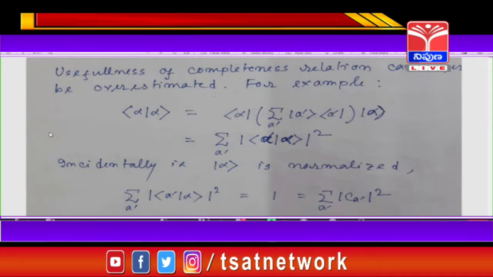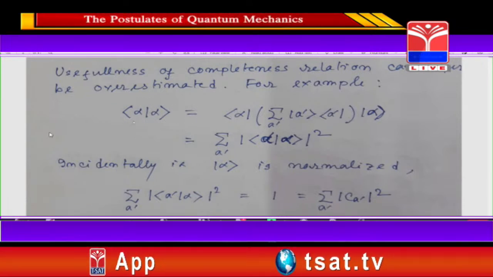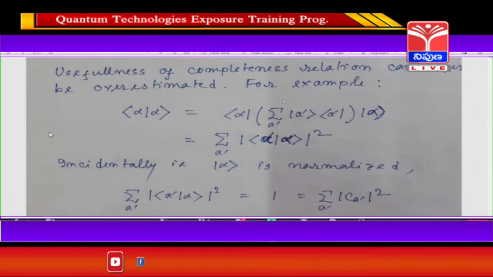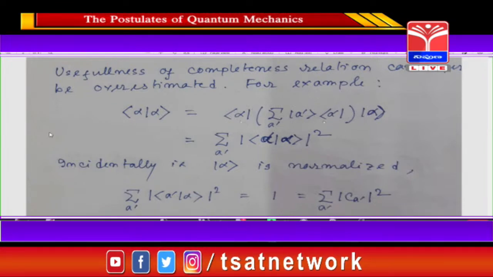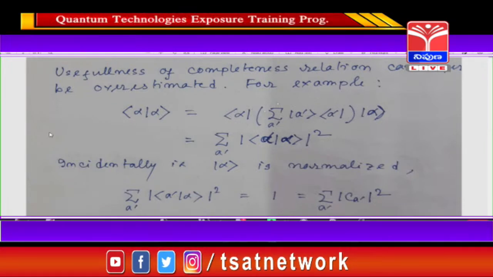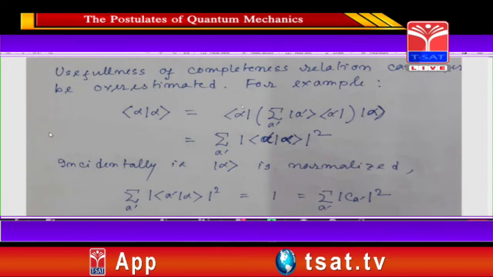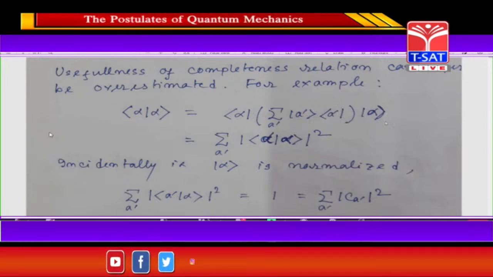Since an identity matrix multiplied with any vector or matrix gives it back, and the sum over A prime of these outer products gives you identity, we can insert it within this product. Then the left one gives you the inner product alpha A prime, and the right hand side gives you the inner product A prime alpha.